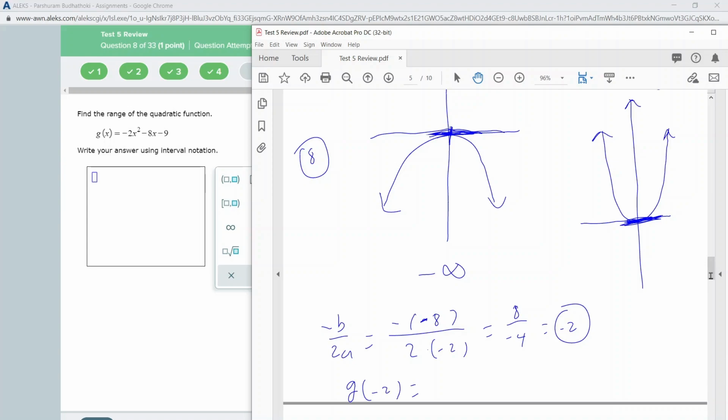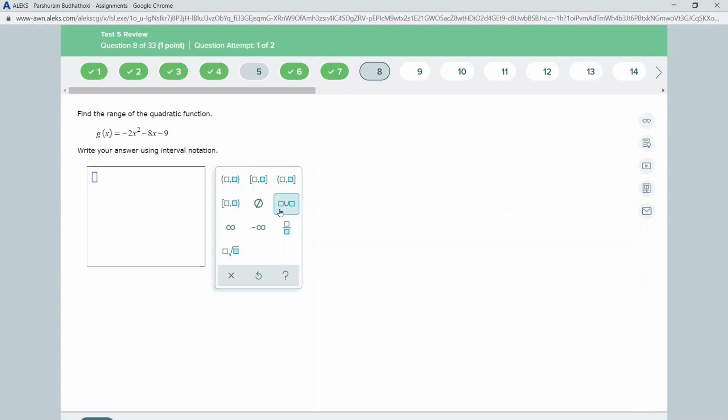If you plug x equal to negative 2 here, it will be negative 2 squared, negative 8 times negative 2, negative 9. Negative 2 squared is 4, 4 times negative 2 is negative 8, positive 16. So that is positive 8 minus 9, which is negative 1. So the vertex is at (negative 2, negative 1). So the range would be from negative infinity up to negative 1.